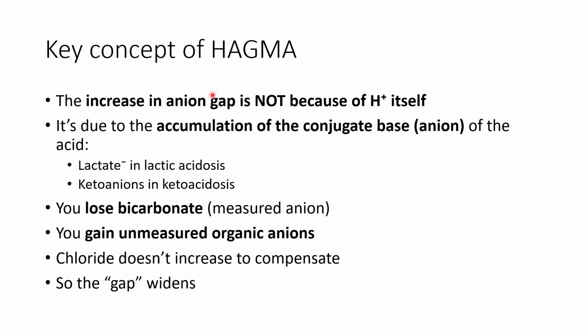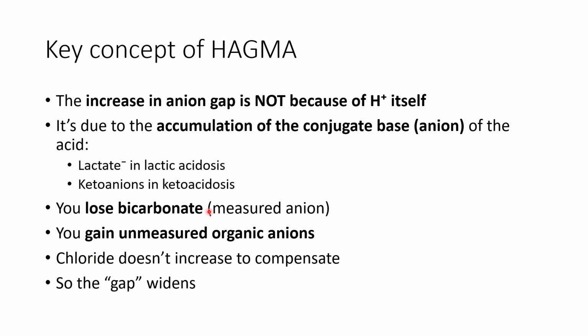So the key concept of high anion gap metabolic acidosis is that the increase in anion gap is not because of H plus. It is due to accumulation of a conjugate base of the acid, like lactate in lactic acidosis and ketoanion in ketoacidosis, along with loss of bicarbonate. So you gain unmeasured organic anion, increasing the anion gap, and the chloride doesn't increase to compensate because there is no loss.